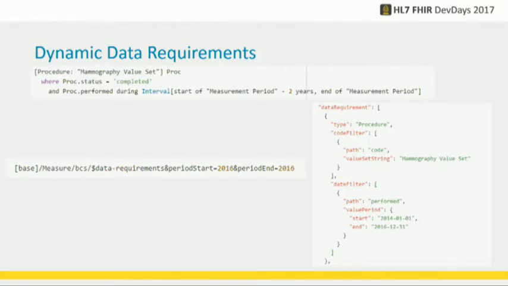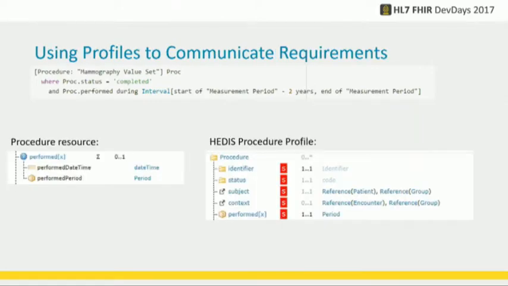So that's another way that we communicate the requirements for a measure, using profiles. One of the things in logic, when you reference the status and the performed, in FHIR, the procedure resource allows you to characterize performed as either a date time or a period. We would either have to say if the procedure performed is a date time, then treat it like this, or if it is a period, then treat it like this.